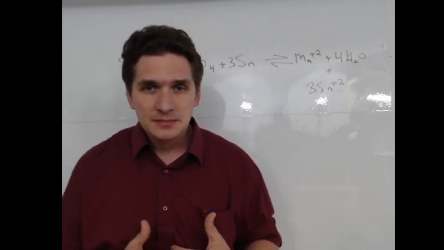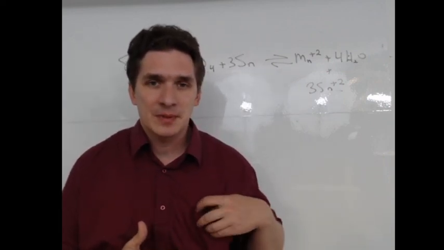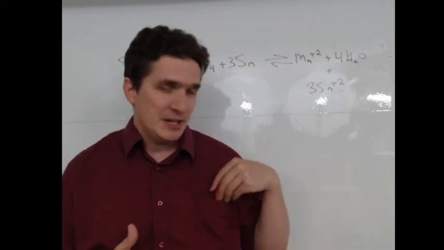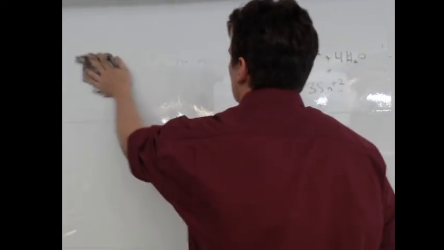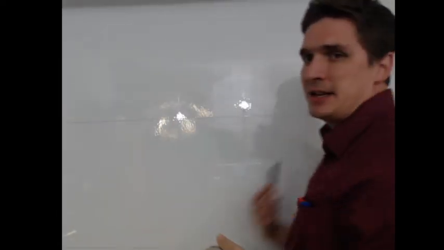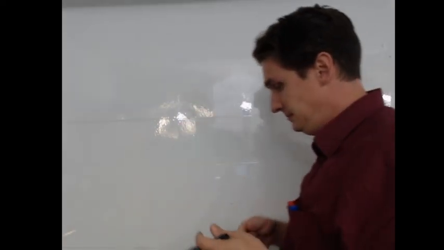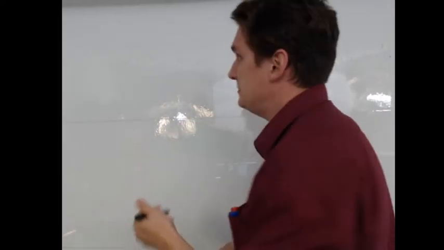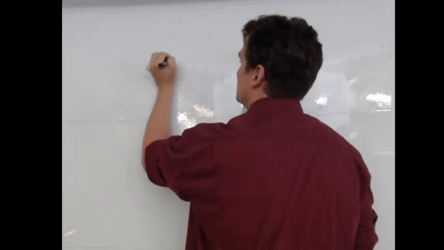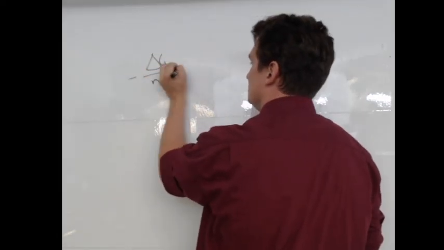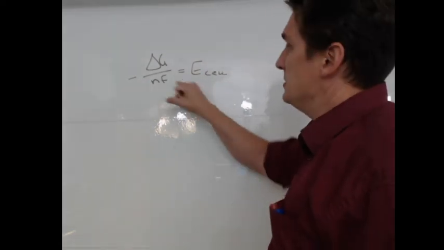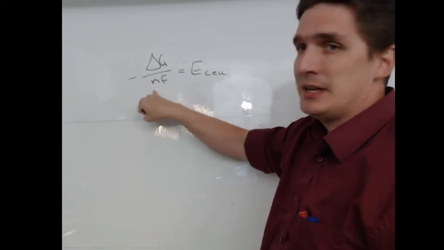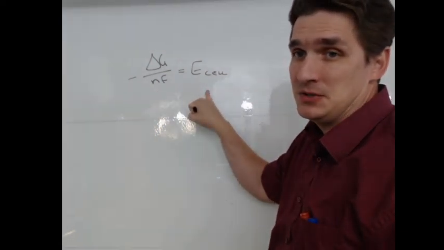And what is the delta G in the problem? So there is a connection between voltage and free energy potential. This is actually something that gets lost from us doing this online. When you derive the Nernst equation, what you get is that delta G over nF equals the voltage. So if we know the delta G, the number of electrons, and Faraday's constant, we can figure out the voltage.